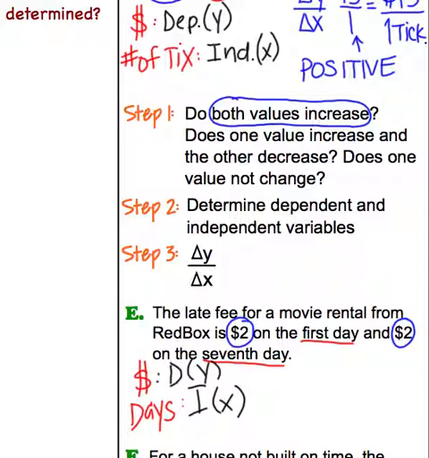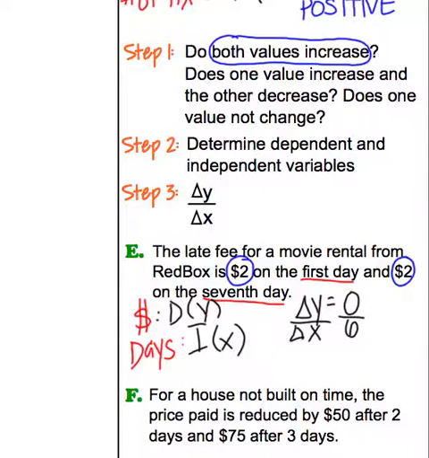Now when we look here, I see that the change in y is going to be 0 because the money doesn't change, and the change in x is going to be a change of 6 days. Now I notice that here we have one value not changing, therefore this is a 0 relationship, because if I were to graph this, it would come across and be $2 no matter what.